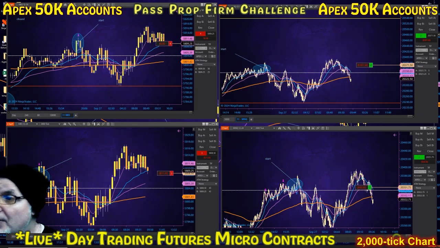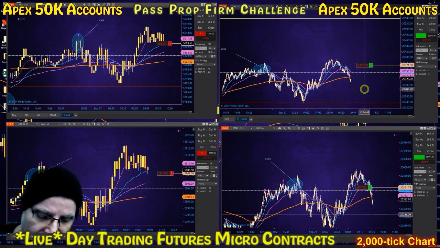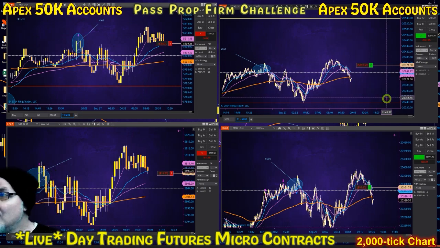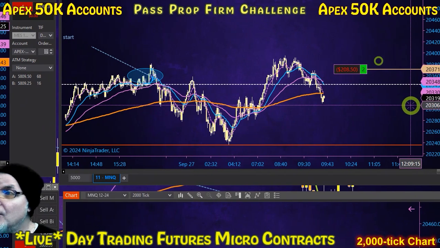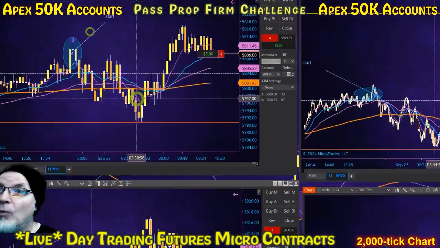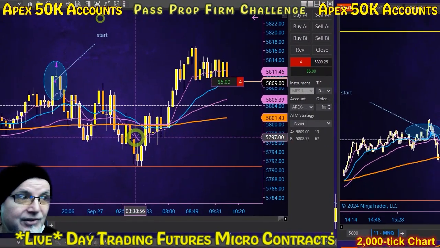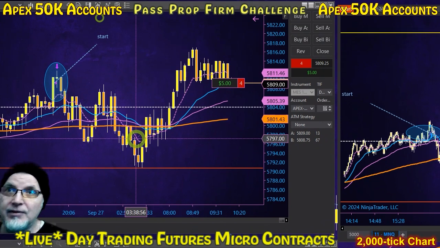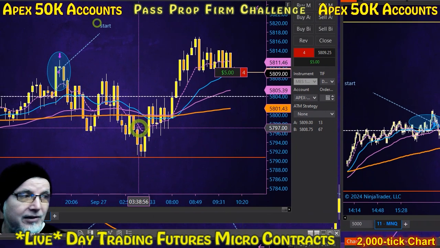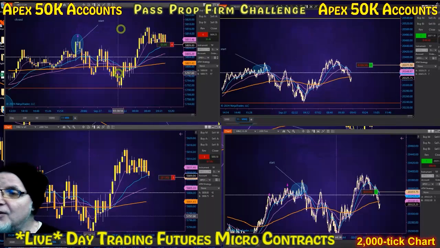And this can happen definitely. The MNQ, the NASDAQ, can just take off in either direction, and while the MES just sits there, it does reverse sometimes. Sometimes the MES takes off and the MNQ is in a consolidation period.